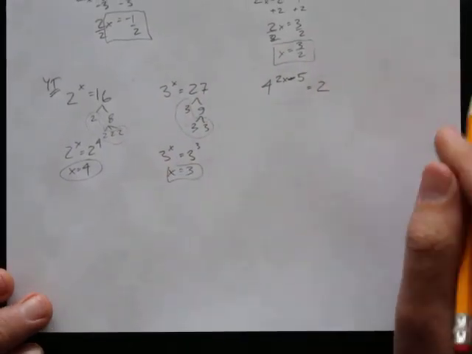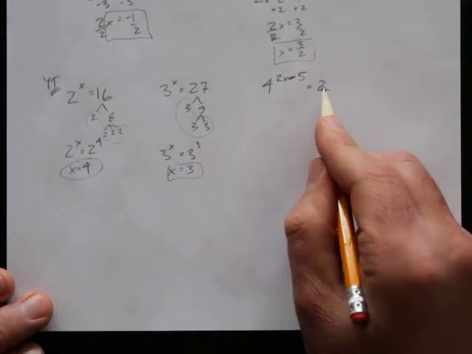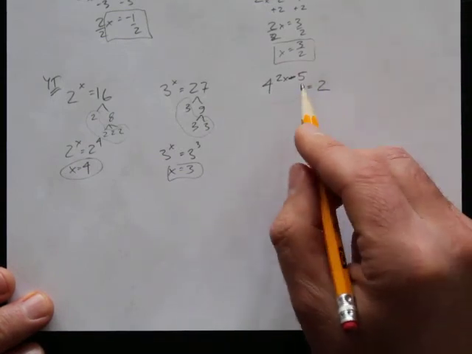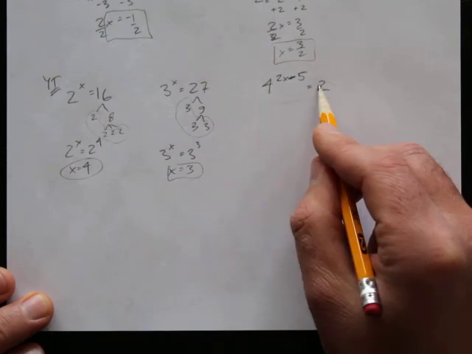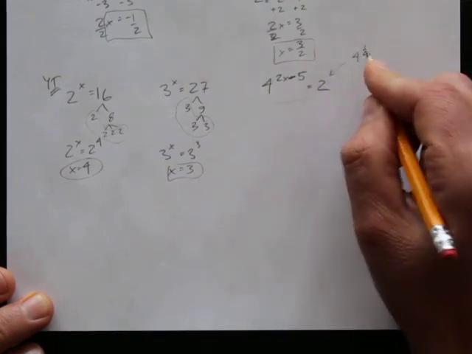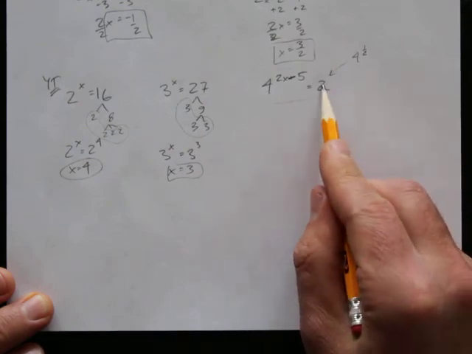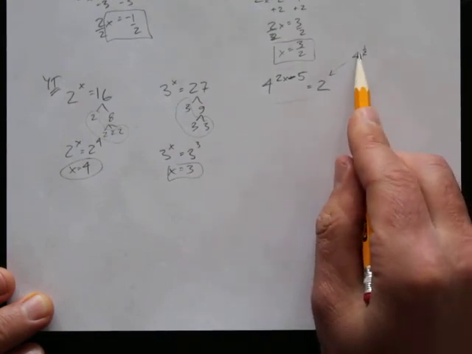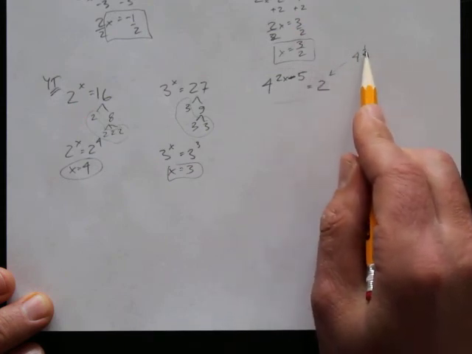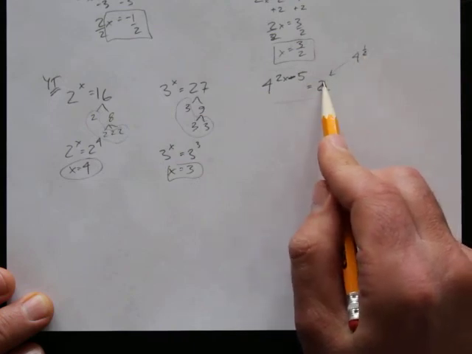Now this last one is a little more tricky. I want this base to be 2. Now, real quick, I could rewrite this as 4 to the 1/2 power if I wanted to, because 4 to the 1/2 power is the square root of 4, which is 2. 2 and 4 to the 1/2 power are the same.